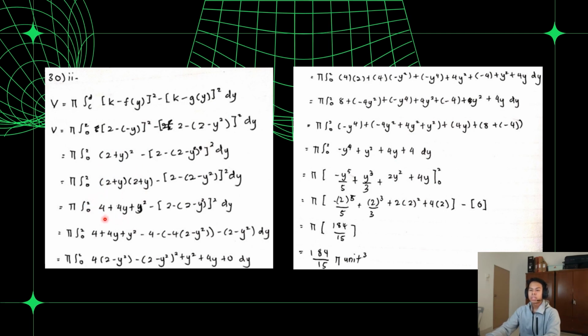So, the first part, the result is pi integrate 0 to 2 of 4 plus 4y plus y square minus 2 minus positive 2 minus y square, and then power of 2 dy. So next part is we need to solve this part here.